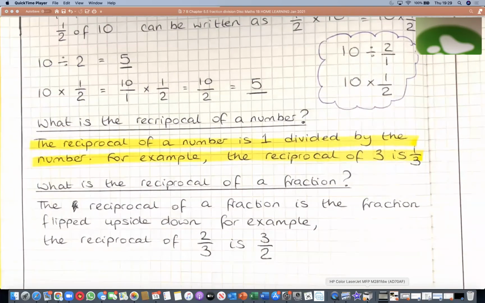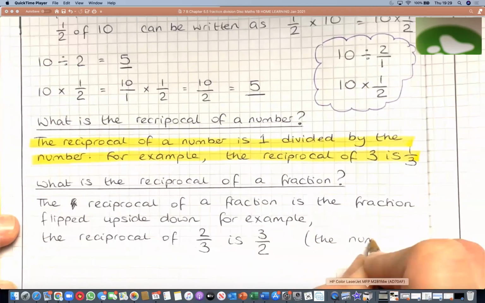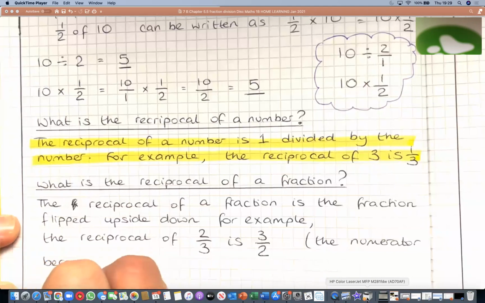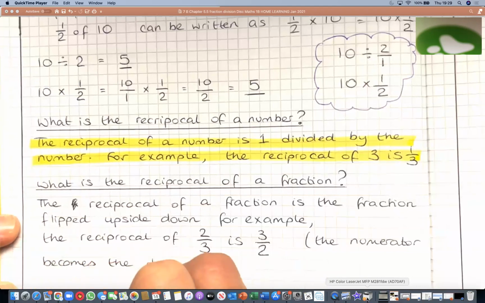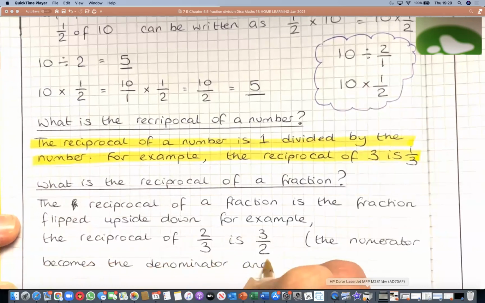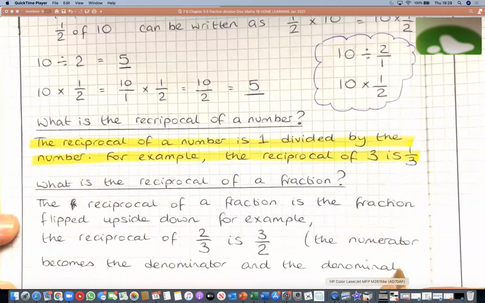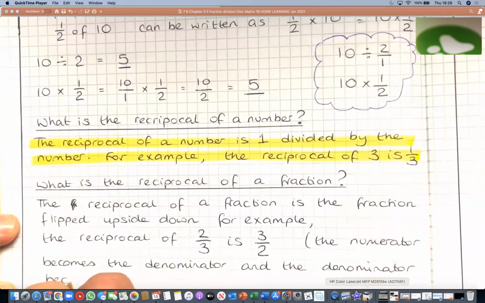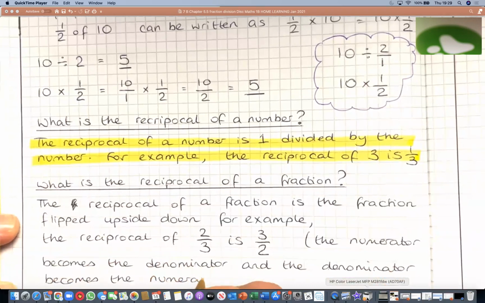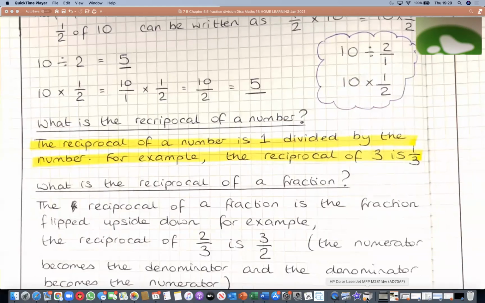Okay, so the numerator becomes the denominator, and the denominator becomes the numerator. So let's do some more calculations to make that clear.